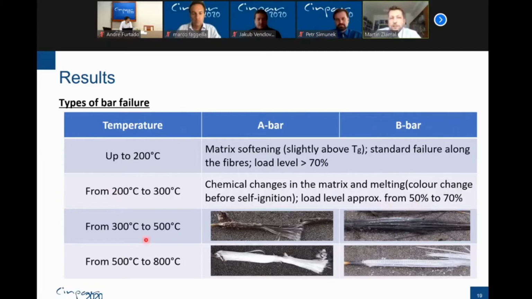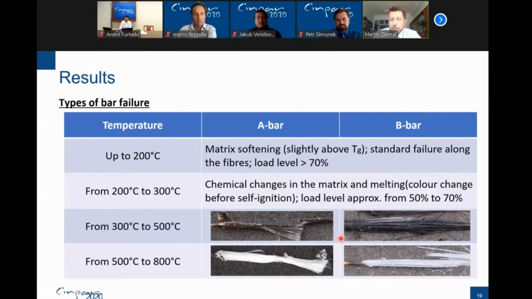Over 300 degrees Celsius, approximately to 500 degrees Celsius, the behavior again changes. You may see the reinforcing bars after the end of the experiments in this range of temperatures. You may observe that the bars are now black. It's namely because of self-ignition of the matrix.